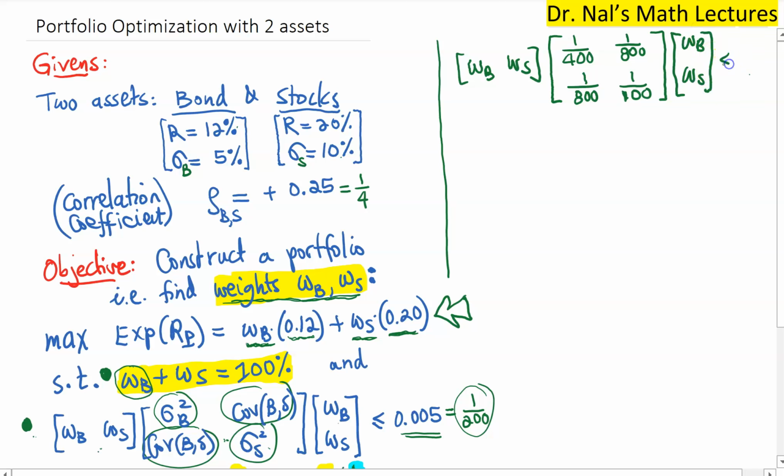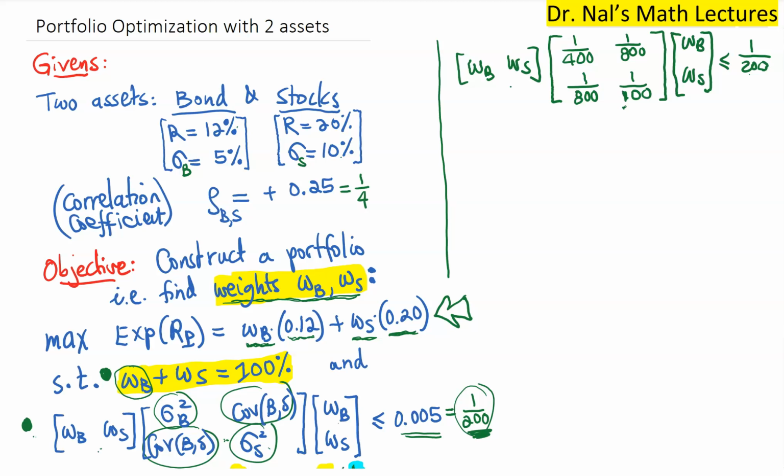And we want that to be less than or equal to 1 over 200. One thing we can do immediately is to multiply both sides of this expression by, why not, 800. If we multiply both sides of this expression by 800, of the three matrices on the left hand side, I just need to multiply all entries of one of them by 800.